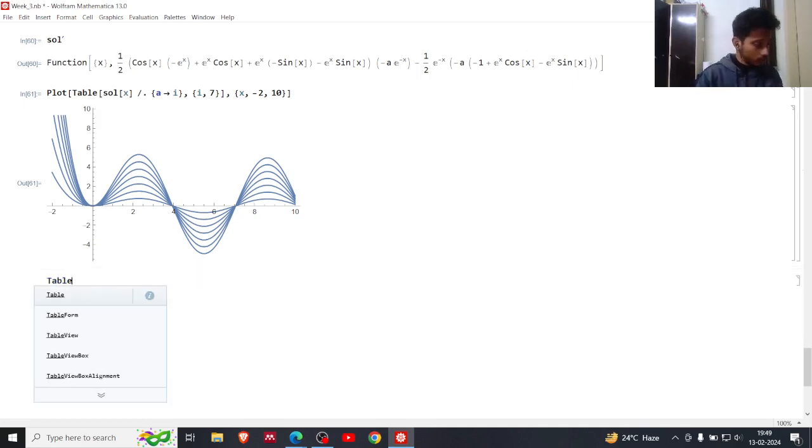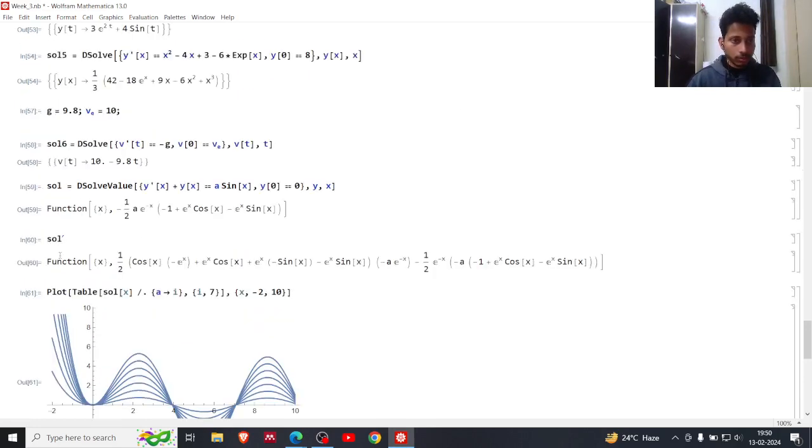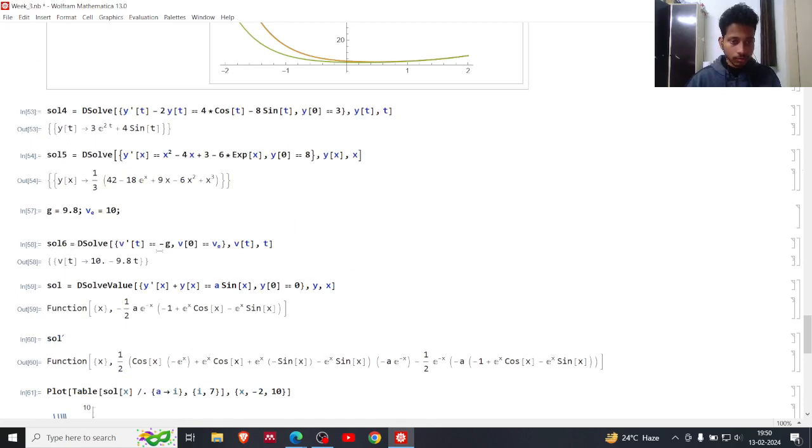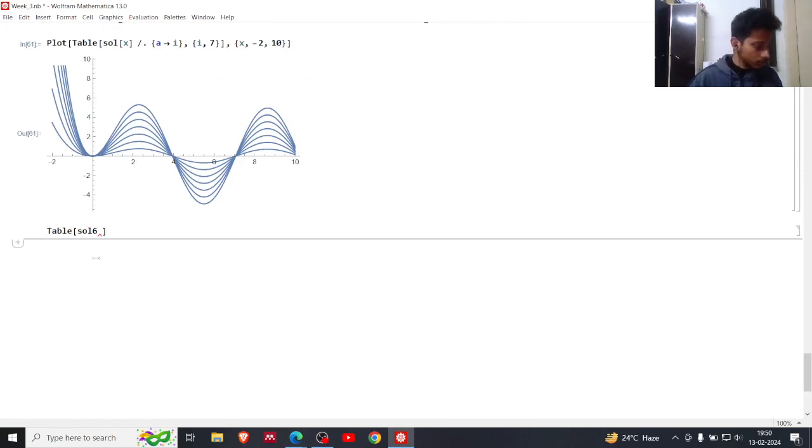Now again use this table to solve 6. Solve 6 was basically this equation where a particular thing is thrown perpendicularly upward. Now we will just evaluate the value.